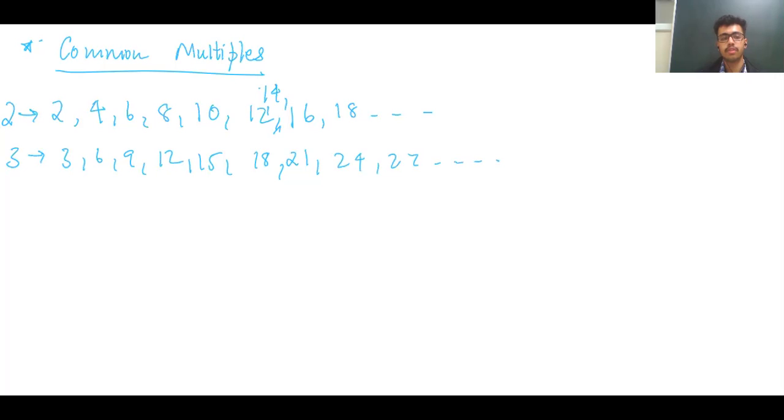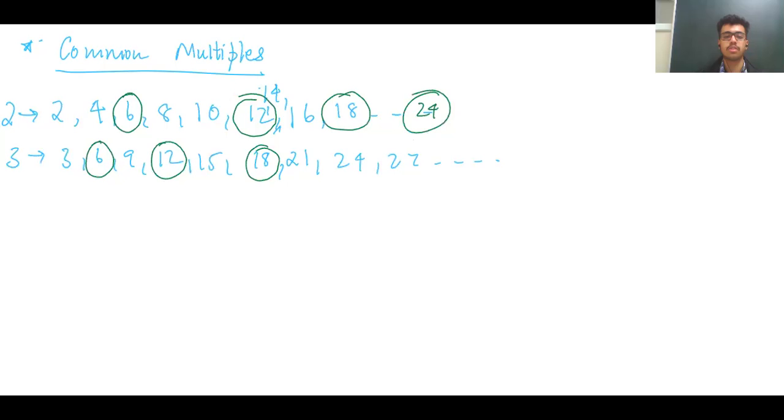Now can you tell me the common multiples of 2 and 3? 6, 12, 18, 24, 30. So you see 6, 12, 18, 24, all these are common multiples, right?